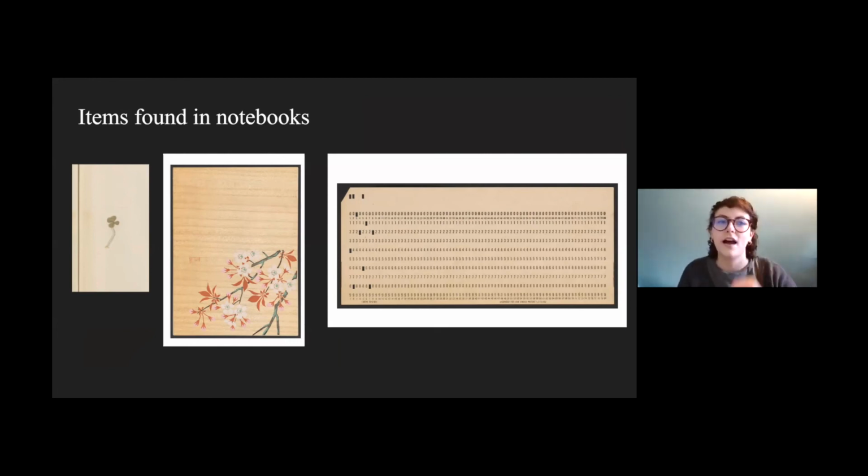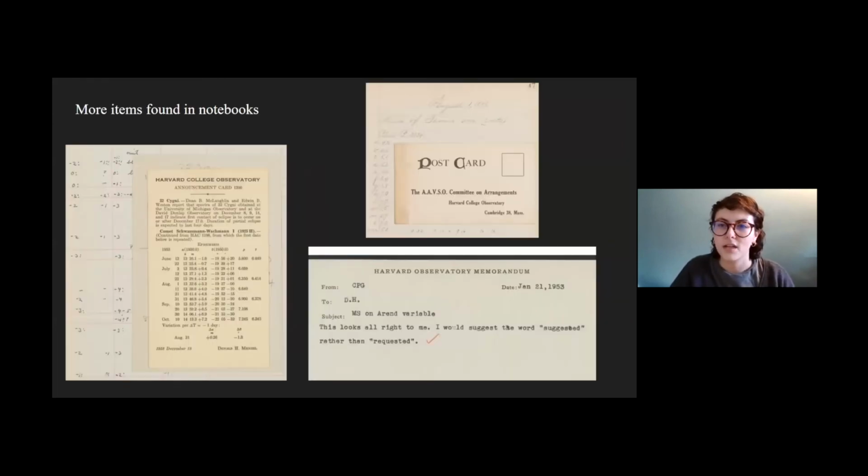I think it also tells a really asynchronous story, a really asynchronous timeline of these notebooks sometimes, because things would be added in decades later, different announcement cards, notes to different astronomers, that sort of thing. I think it's really neat to find those random things in there.